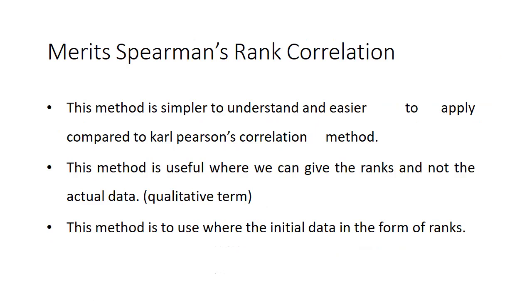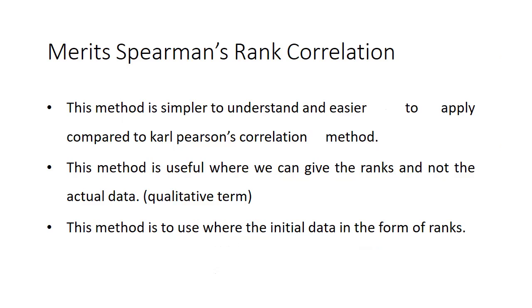Merits. What are the merits of the Spearman rank correlation? This method is simpler to understand and easier to apply compared to the Pearson correlation method. Another advantage is that this method is useful where we can give ranks and not the actual data, because it is a qualitative term. In a beauty contest, we give rank 1, 2, 3.